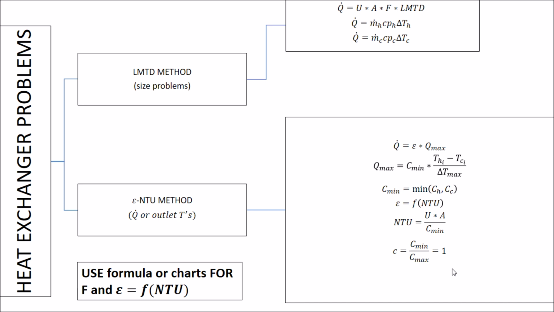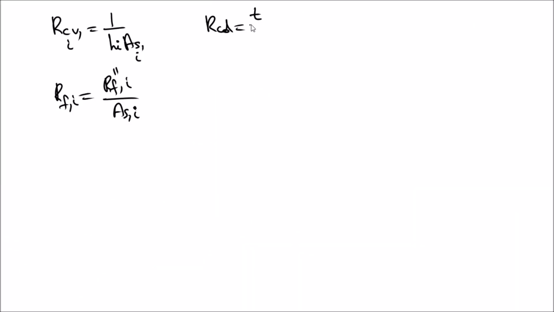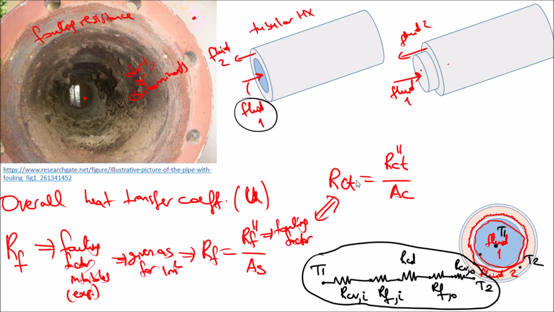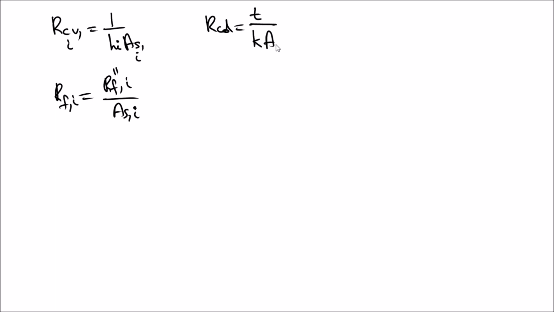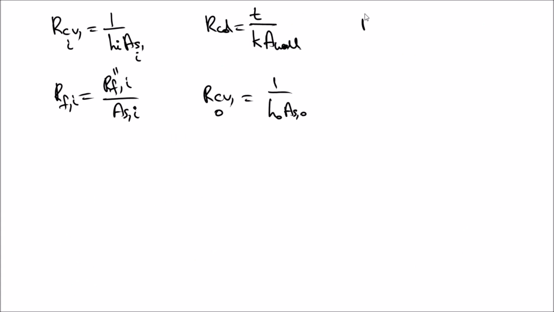You will have the thickness of the wall. If the wall has some thickness t, divided by k and the surface area of the wall, and for the CV outer tube, you will have 1 over h outer times A_s outer, and also the fouling resistance of the outer tube, from the tables divided by A_s outer tube.